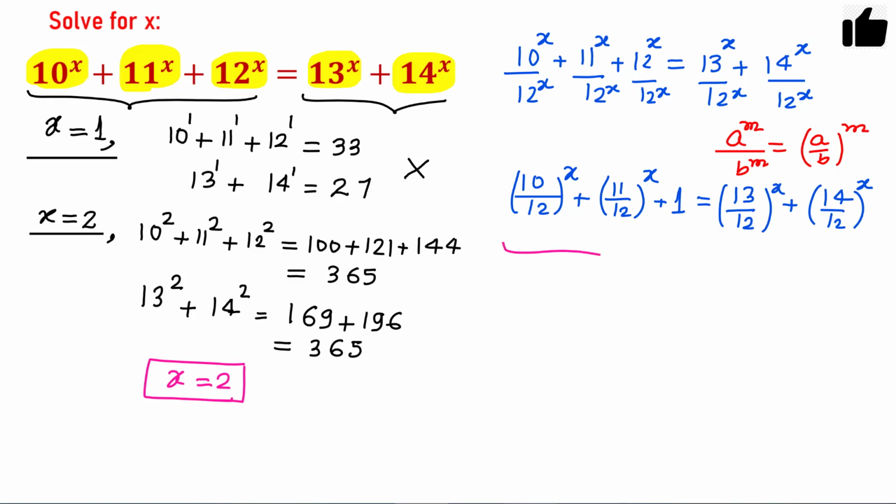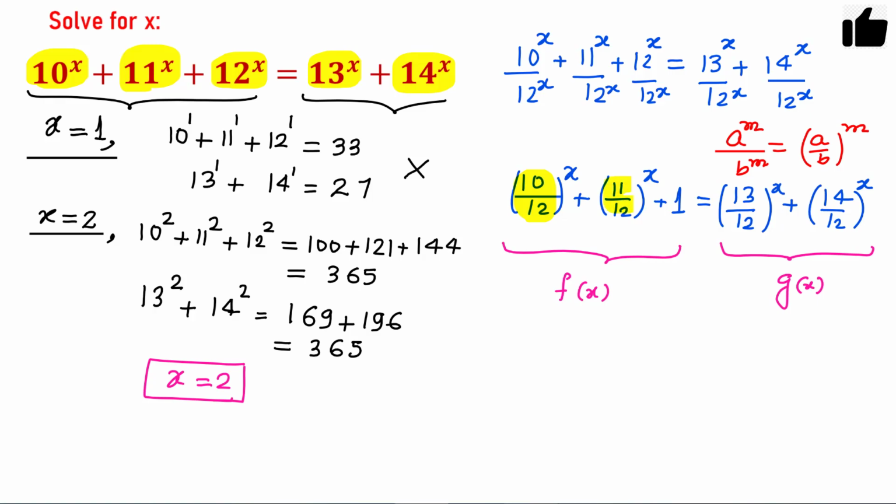Now let us consider both sides. This side you have a function that we call f(x), and this side you have another function, the right hand side, which is g(x). Now see, 10 by 12 is less than 1, and if you raise a power to this number, it becomes even smaller.